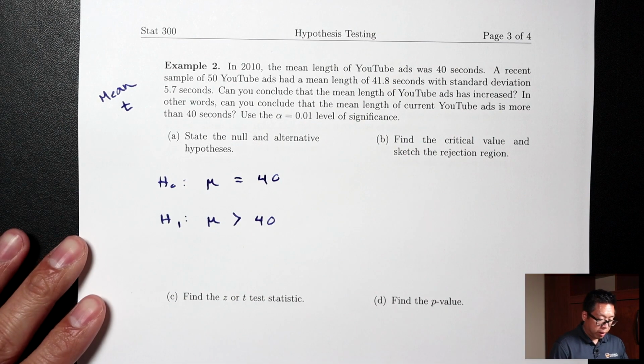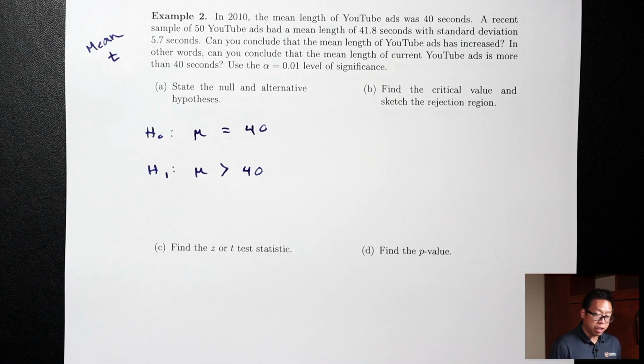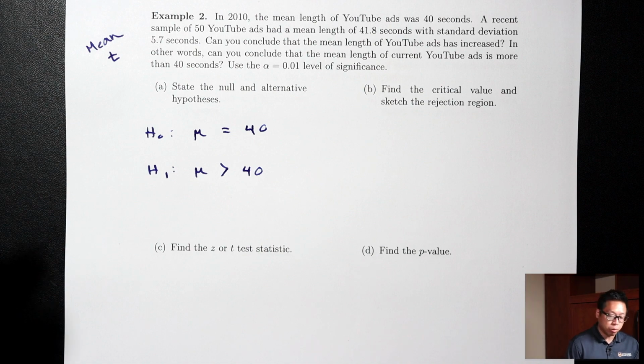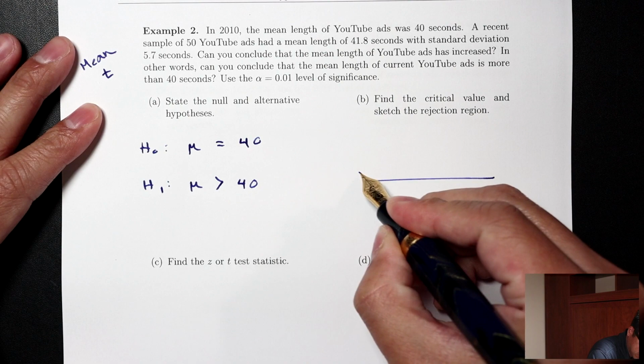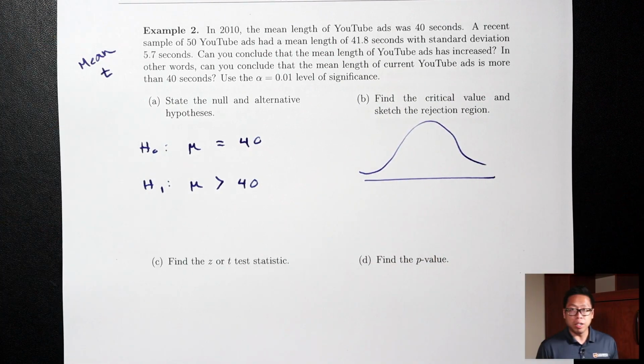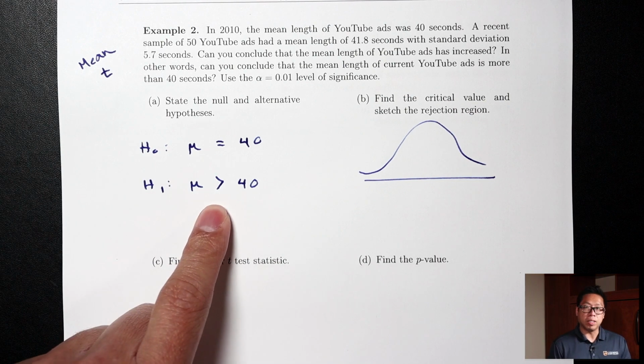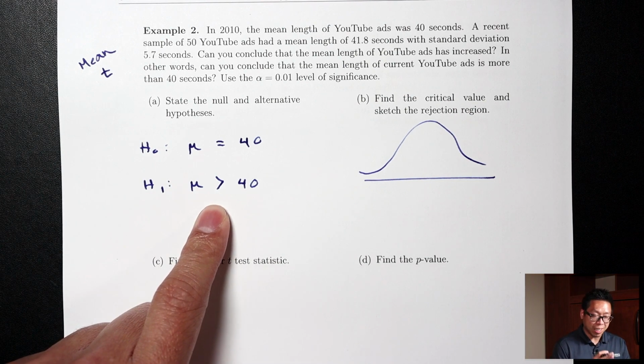Part B, find the critical value and sketch the rejection region. So we're going to draw the normal distribution or the t-distribution, which looks the same when I draw it. It's either going to be shaded left, shaded right, or two tails. If it's a less than, it will be shaded to the left. If it's greater than, it will be shaded to the right.